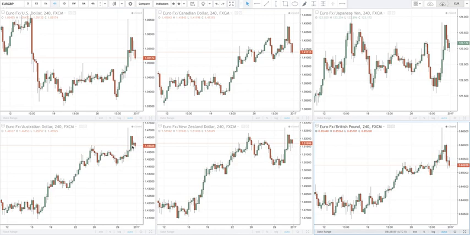Euro Aussie, same thing. However, in the long spectrum, the charts look a little bit different. This looks like it's coming in from an uptrend, so does Euro Aussie, but Euro Yen looks like it might be in a range, and Euro USD looks like maybe it's an overall downtrend. So it is correlated recently, towards this day here, but it wasn't correlated earlier.